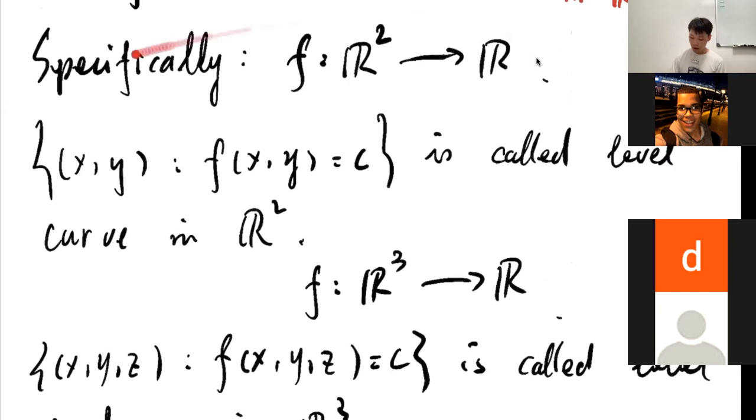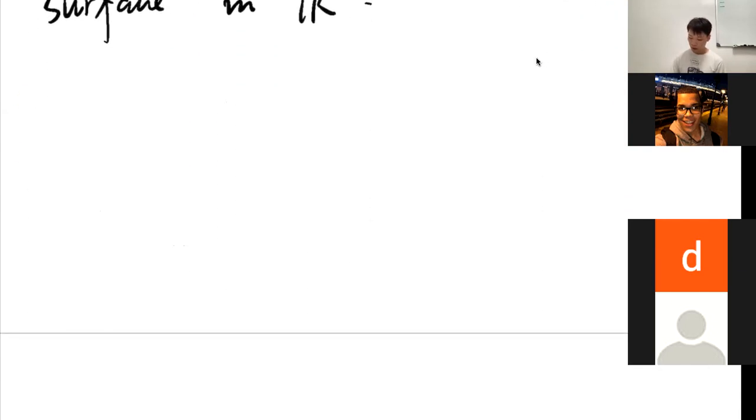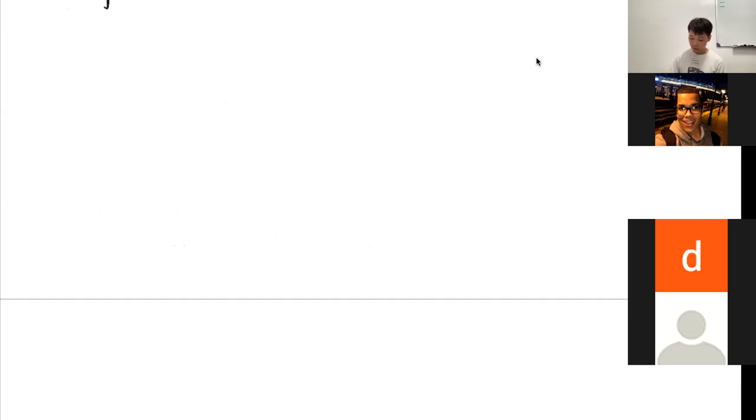So let's take the example in R2. For example, if you're familiar with geography, to have a map or three-dimensional map of a mountain is much easier.